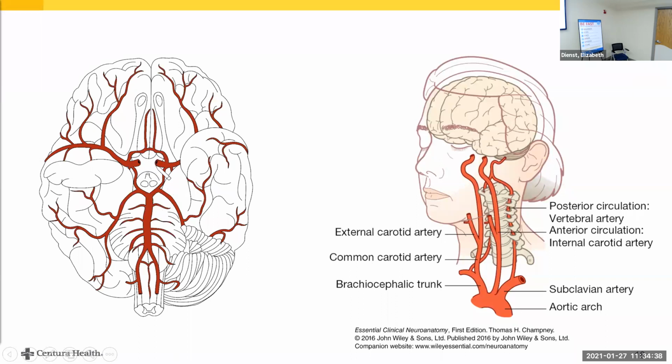So if you think of your carotids coming up through here, through your circle of Willis, your biggest artery coming off is your middle cerebral artery, your MCA is what we call it. And this is where you're going to see a lot of the patients getting thrombectomy, because this is a very common area for it to go through because it's the path of least resistance. So this also branches off into M1s, M2s, and M3s, but this is your MCA.